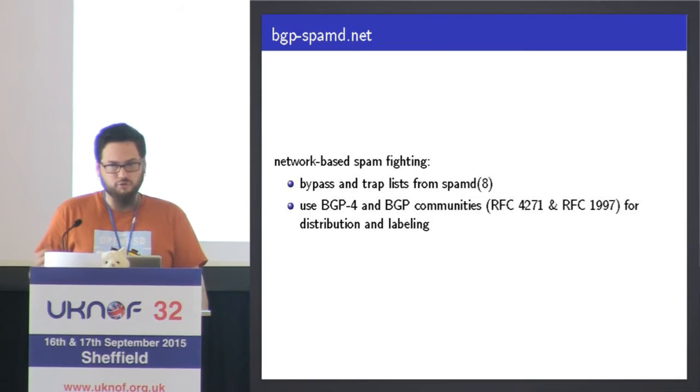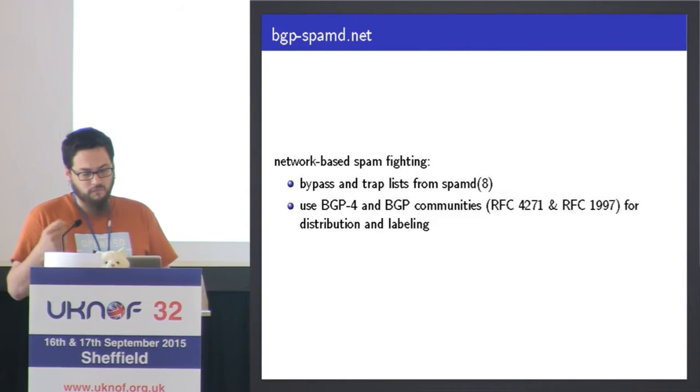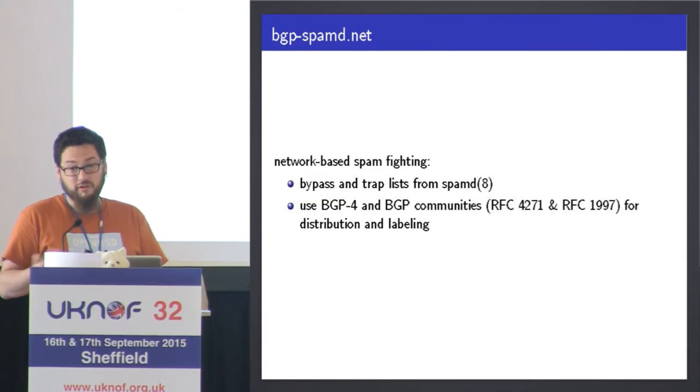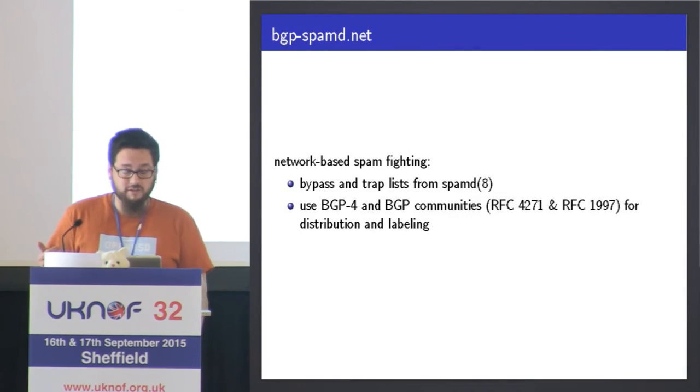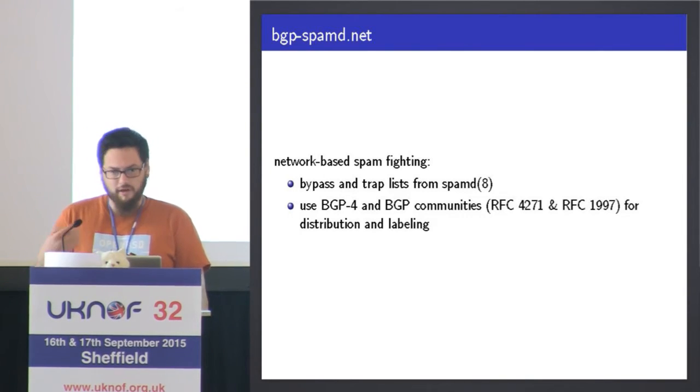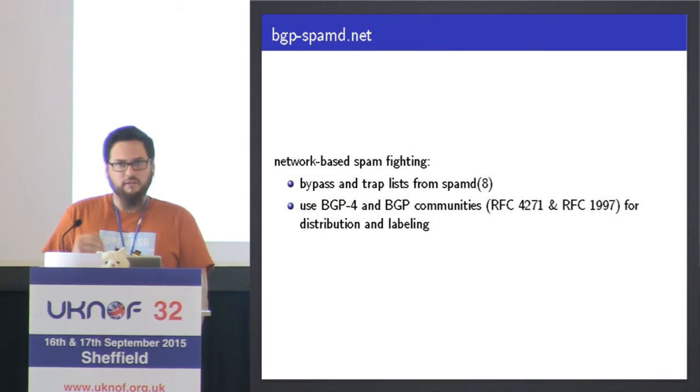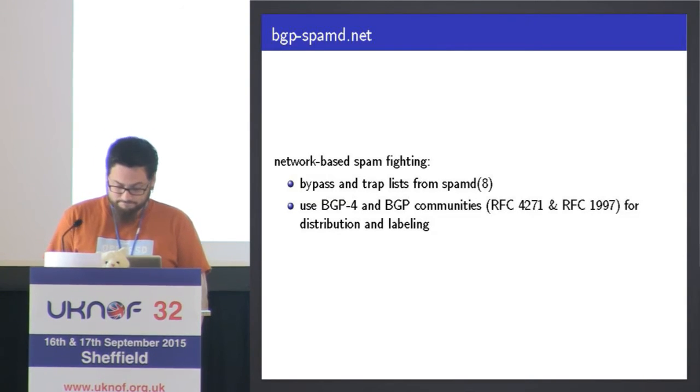This utilizes the fact that a host route can be described as a network. We have BGP communities to label each of them, whether they're a trap or a bypass or whatever. And in the software-based BGP implementations, you can also tell it to not install the routes into your routing table.